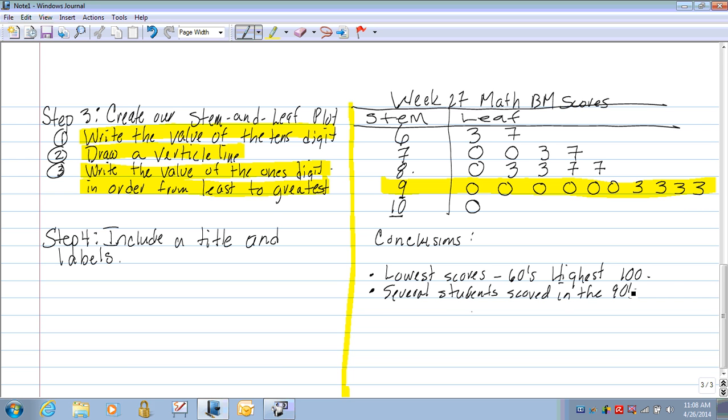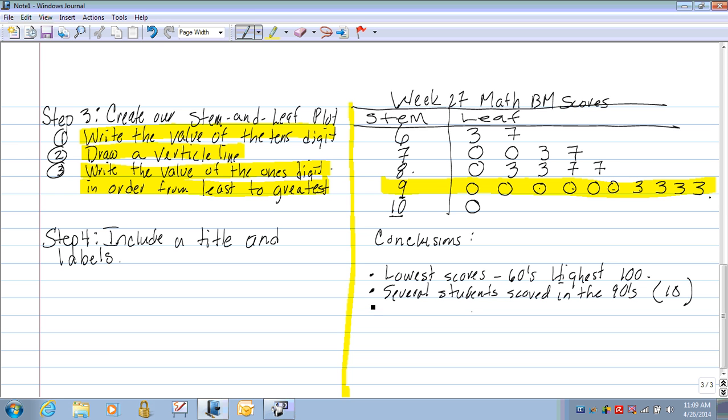I could also count them. 1, 2, 3, 4, 5, 6, 7, 8, 9, 10. And then I'm thinking if I have 22 students in this class and 10 of them scored in the 90s, almost half of my class scored in the 90s.